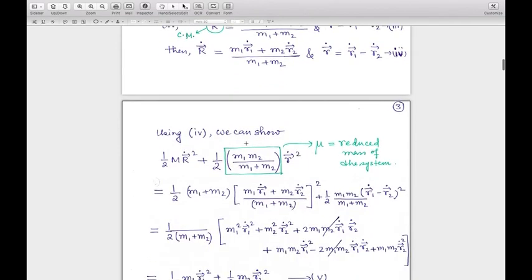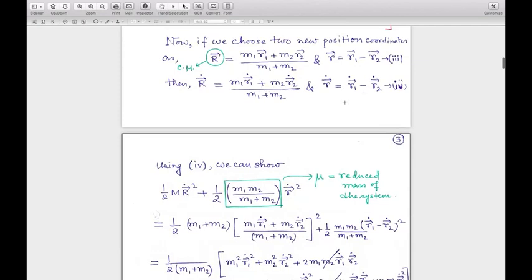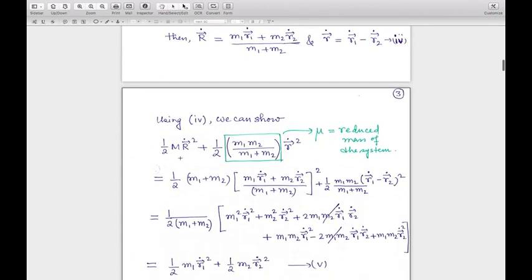Now, if we do some algebra using these two relations 4, we can show that half capital M R dot square plus half m1 m2 by m1 plus m2 times r dot square, the small r dot square, will be simply equal to... now this one I have defined as a new thing, and we will see why this is necessary.